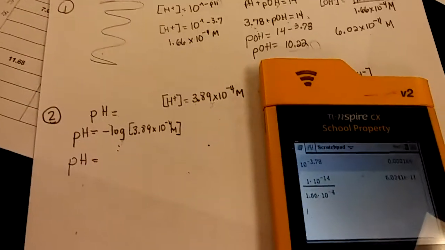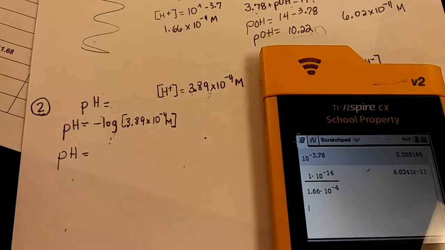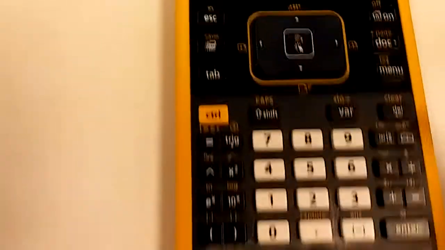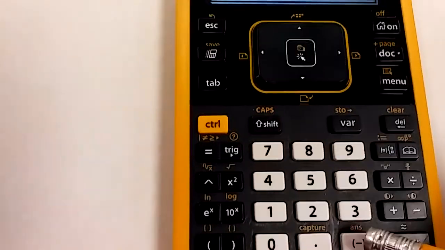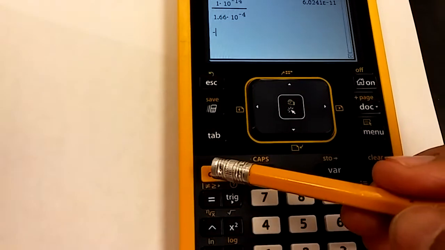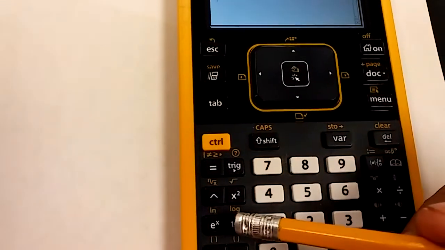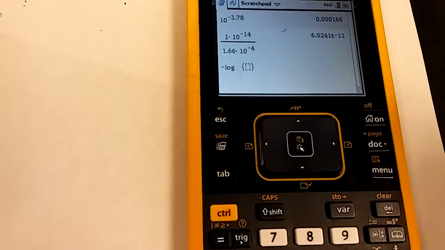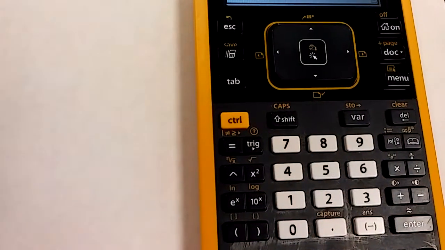Okay, so entering it into the calculator, we're going to go ahead and do a negative log. So I messed up yesterday as well, I know that too. So it's going to be negative, and I know that I can just press Control, then log, and not at the same time. I figured that out, thank you. And so then shift over here to my right and enter the number 3.89 times 10 to the negative 4.